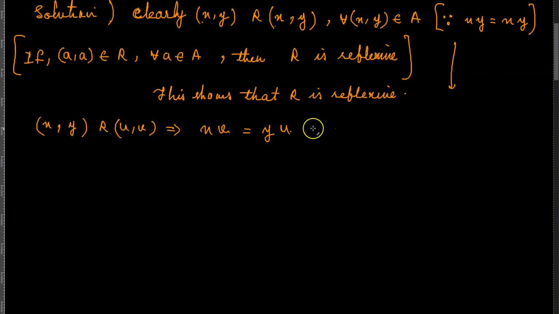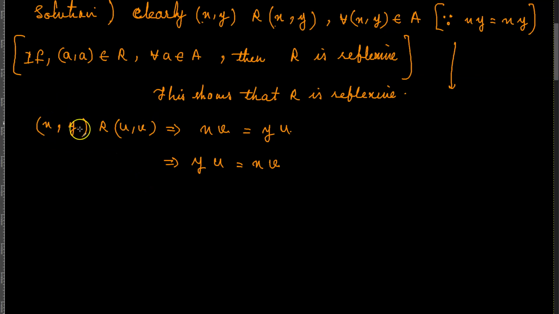Now I can move this to the other side and write this as y times u is the same thing as x times v. And what I want to show is that R is symmetric.